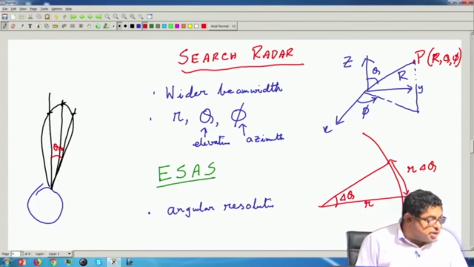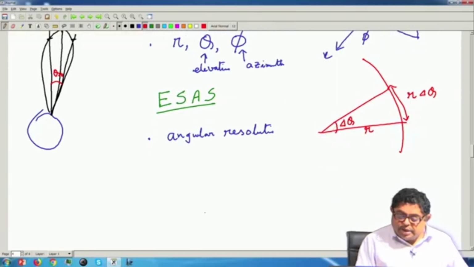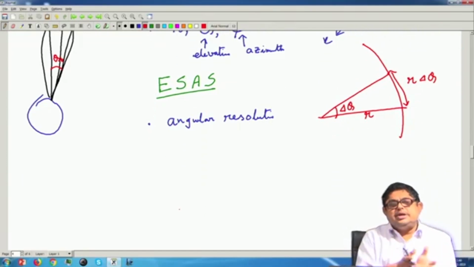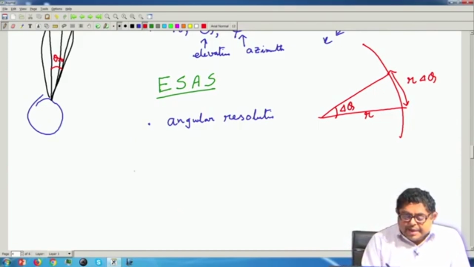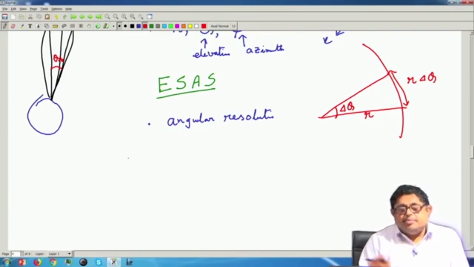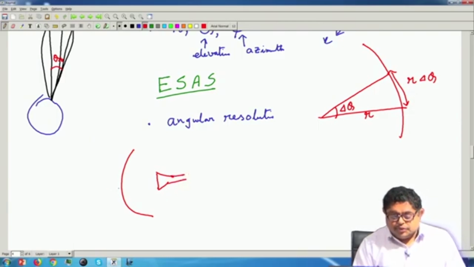But to continue, we have a search radar. Generally, these radars for searching use a horn feed with a parabolic dish. There is a horn feeding, at the focus.